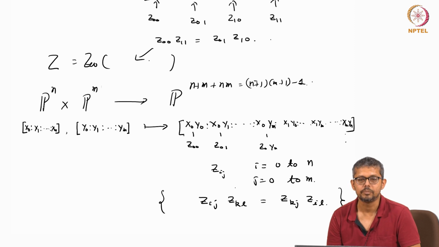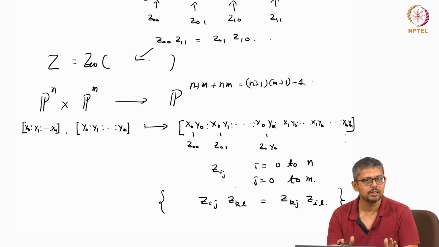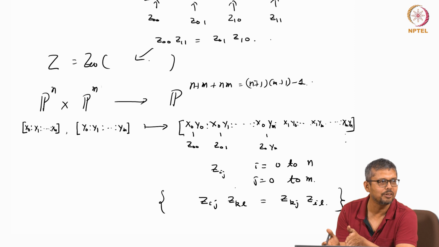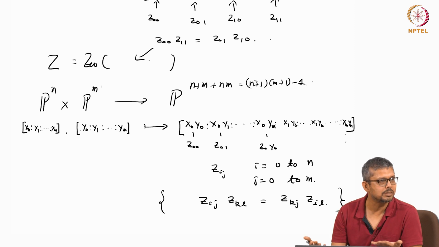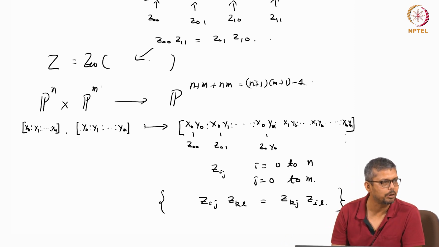Now one can generalize this more. So this is the smallest projective space where you can embed Pn cross Pm. But you can put it into a higher space by choosing, instead of degree 2 polynomials, higher degree polynomials. That is called the Segre embedding, the d-uple embedding.